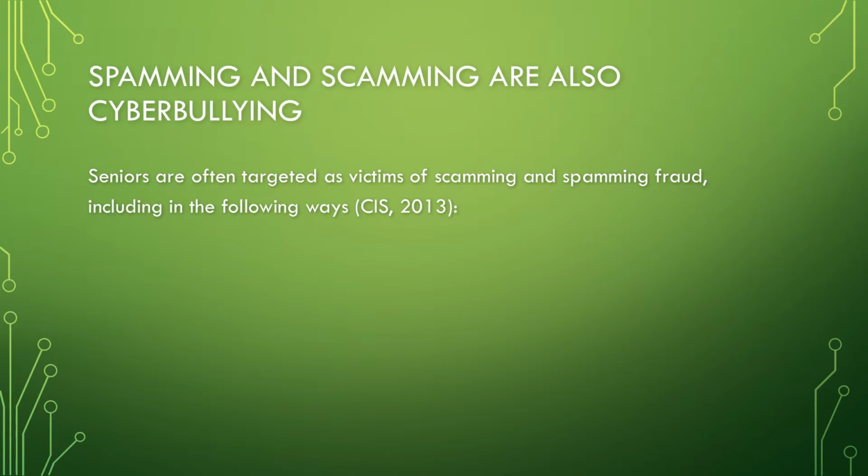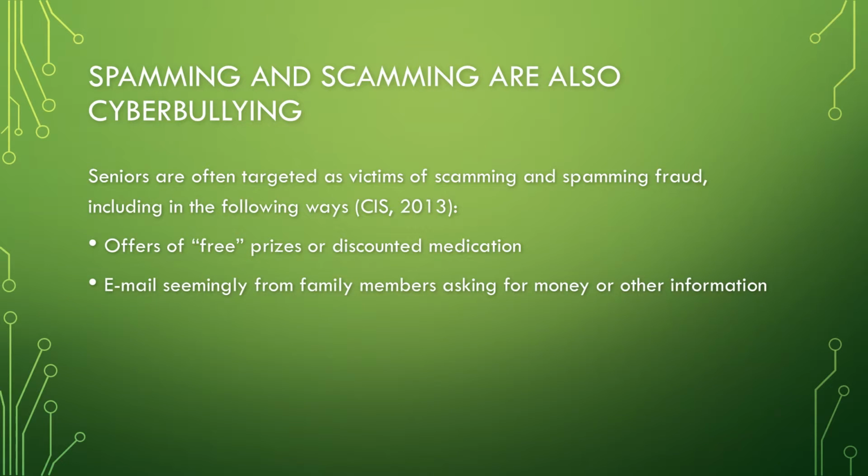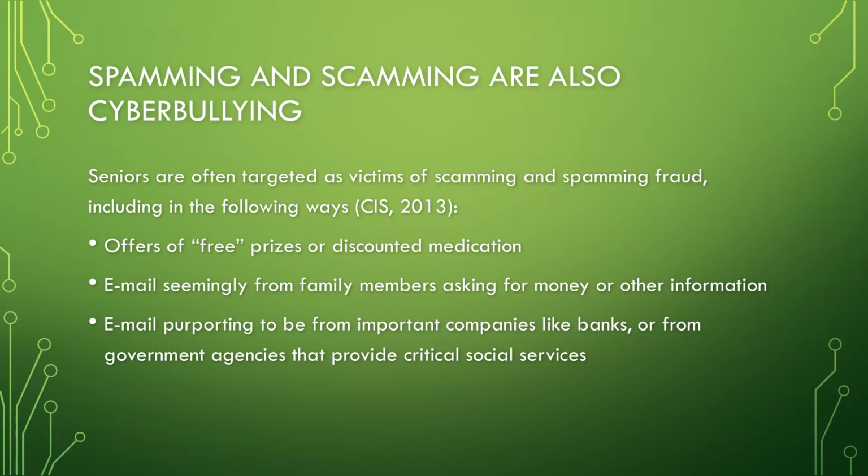Some of the ways in which seniors are targeted, and other adults as well, include offers of free, quote unquote, prizes or discounted medication, which will lure people into giving up personal information, emails which are sent which appear to be from family members asking for money or other information, but in fact are scammers trying to trick you into giving up that information, and other emails which look to be sent from banks or other government agencies such as Social Security or Medicare, and people feel that these are so important that they are tricked into giving up their personal information for fear of losing or missing out on the services that they are receiving.